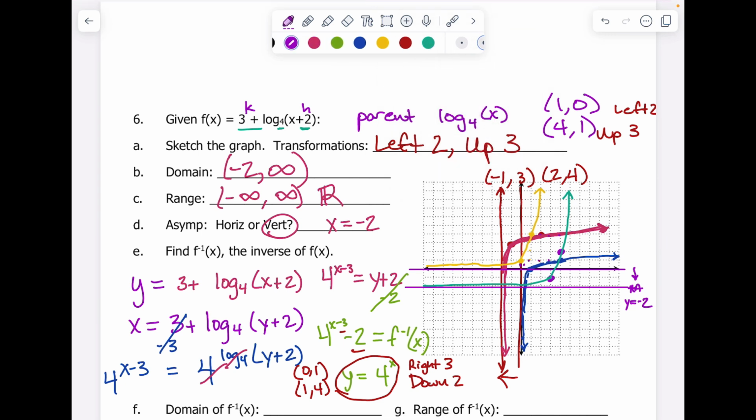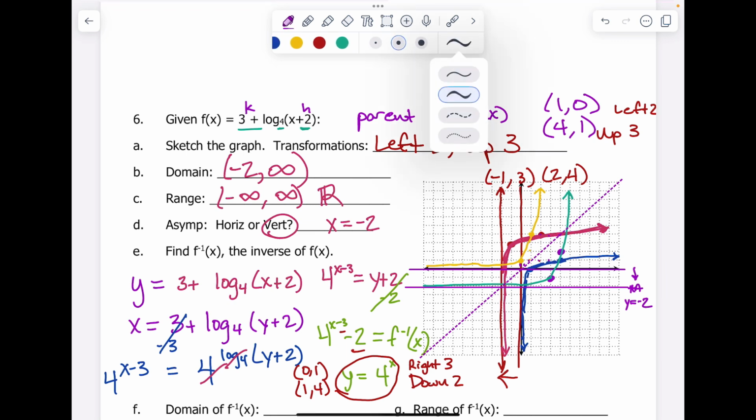So if I start at my origin and I make a line with a slope of 1, and I go all the way through the corners, that's the line that they should reflect over. Inverses should reflect over the line y equals x.